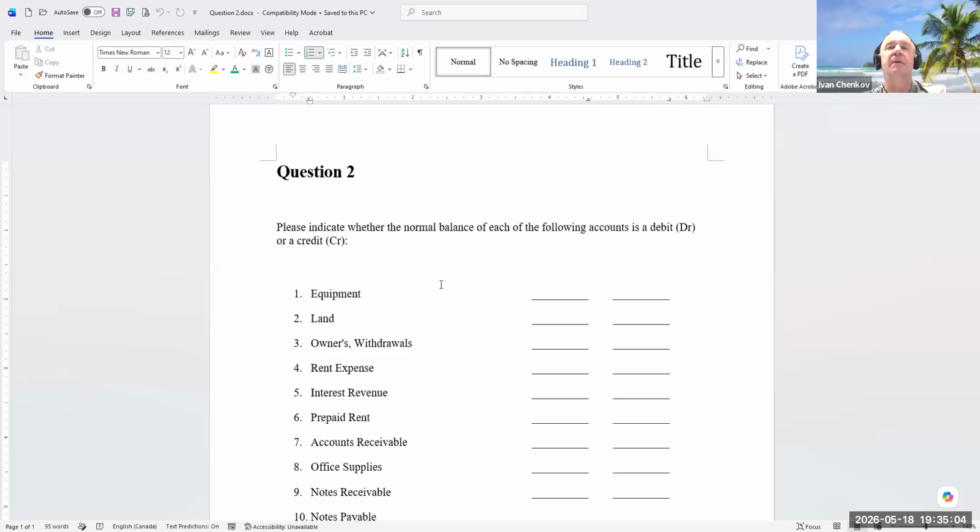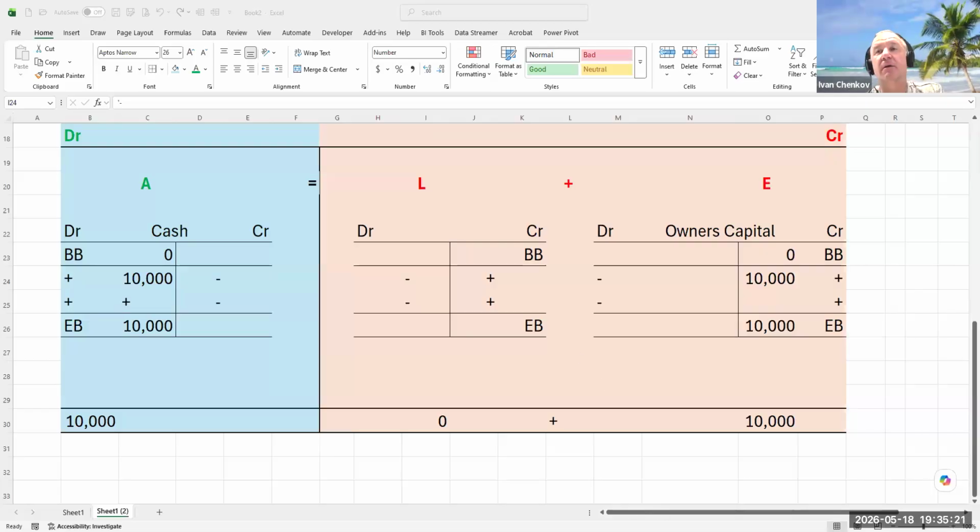Before we go here, on the Excel spreadsheet I didn't tell you anything about the revenue and expenses, did I? So let's catch up here on how revenue and expenses work and where they fit in this big picture.